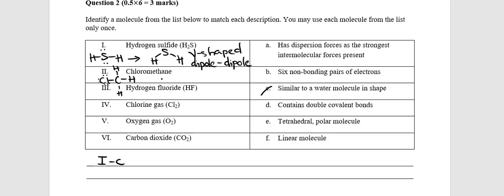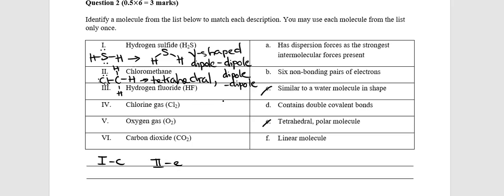The shape will be tetrahedral because the carbon in the middle needs to arrange so that the 4 bonding pairs of electrons are as far apart from each other as possible, and it will have dipole-dipole just because of the chlorine. This molecule is polar. So dipole-dipole. Okay, so it's not A, it doesn't contain a double bond. So I think it's going to be E, tetrahedral with polar bonds.